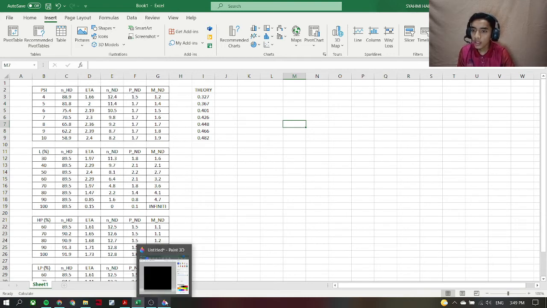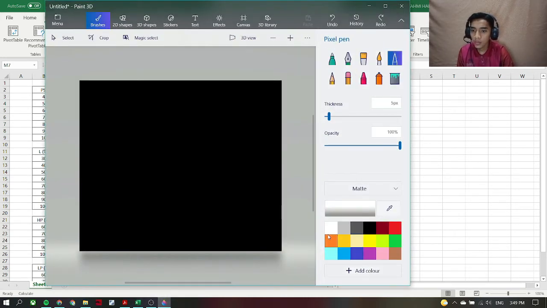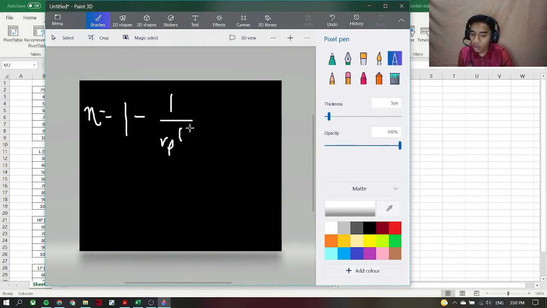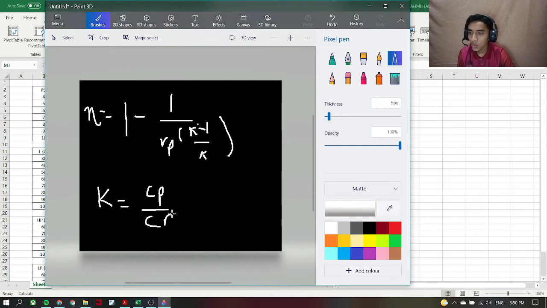So the formula that we will use is thermal efficiency equal to 1 minus 1 over pressure ratio to the power of (K minus 1) over K. So the K we will get by using the equation CP over CV, and then we will get the value is 1.4.